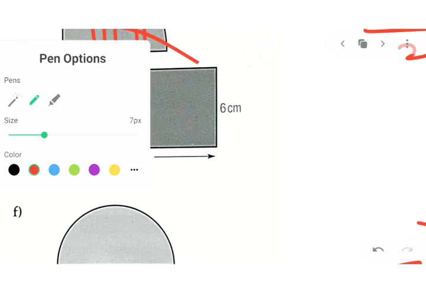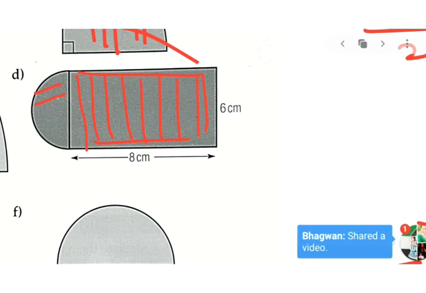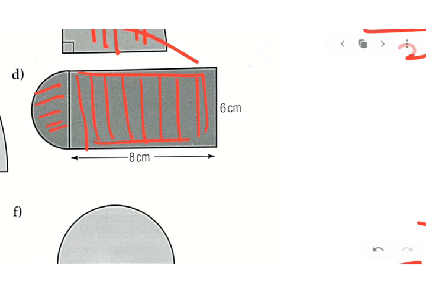Okay, let's try out with this. Your next is, if you notice the structure which consists of a rectangle and a semicircle. Yes, so we have to find the area of this. What we will do now? First, we will take the area of your rectangle.